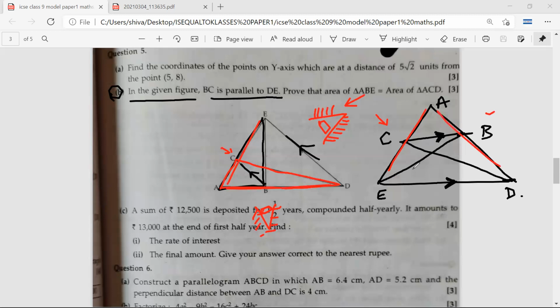Any doubt? No, sir. And I need to prove that area of ABE is equal to area of triangle ACD.